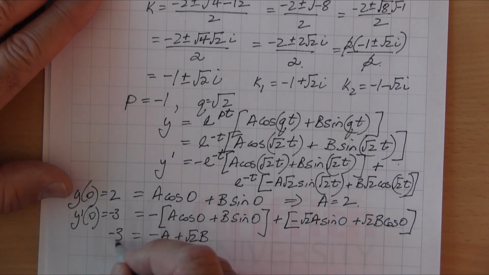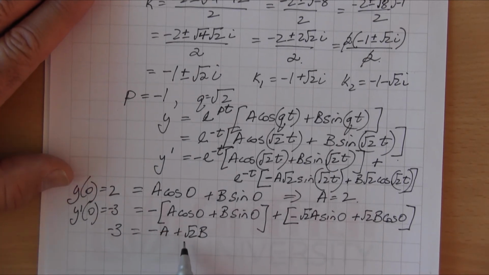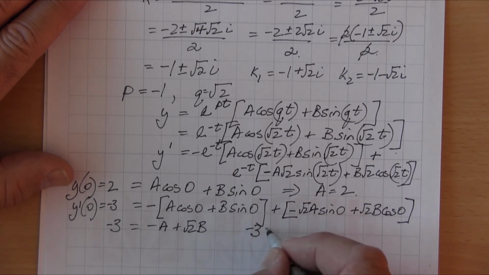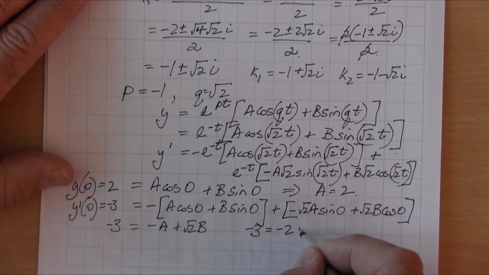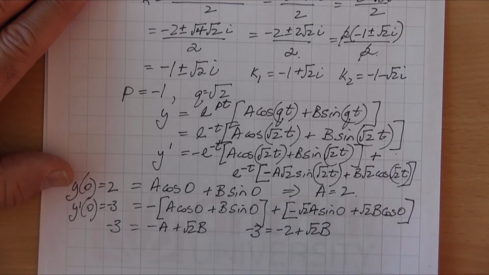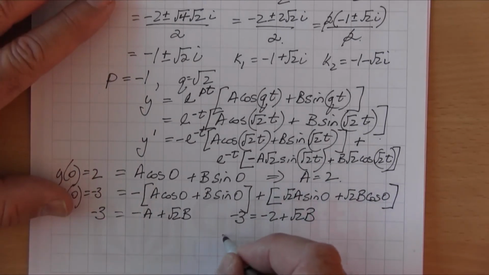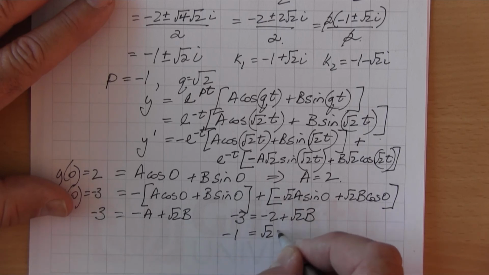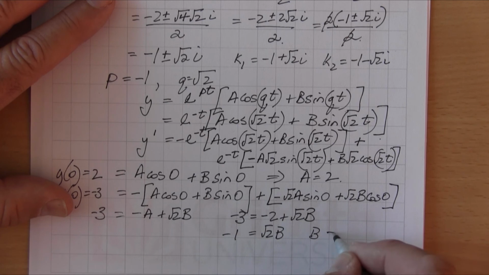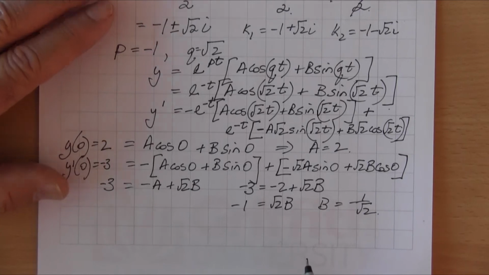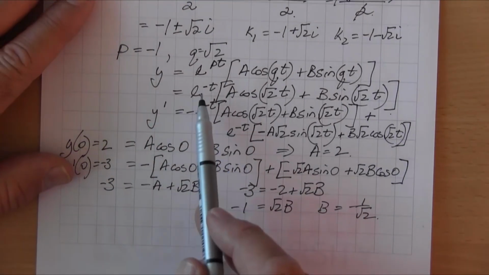Now that's equal to negative 3. So negative 3 is minus a plus root 2b. We've already got a is equal to 2, so you've got negative 3 equals negative 2 plus root 2b. Bring the minus to the other side, and so you'll get negative 1 equals root 2b. So b equals negative 1 on root 2. Okay, so now we can substitute for a and b back in this equation here.